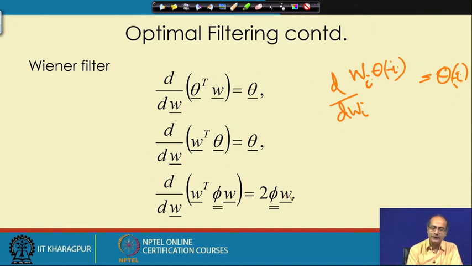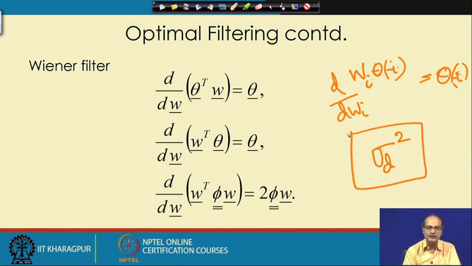And here we have omitted one part, that is what happens if we take the derivative of the first term. We have not mentioned it, because see, this one is what? It is the variance of the desired signal. Now, it is already given, and whatever the tap weights may be, it will not change. So, if we take the derivative it would be 0, okay?